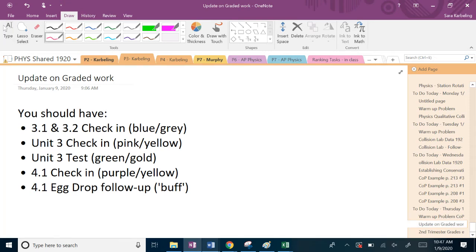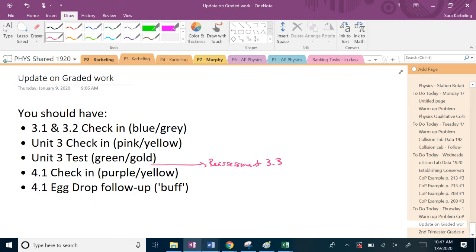Some of you asked to and took a reassessment of 3.3 right before break. It was pink, so I wrote it in pink. I have not yet graded them, but I have them, and I will get them graded. Okay, so I wanted to let you know that I have them. They're not in your pile yet.